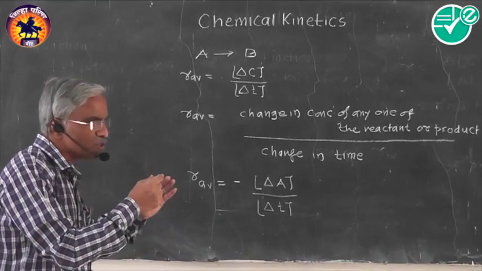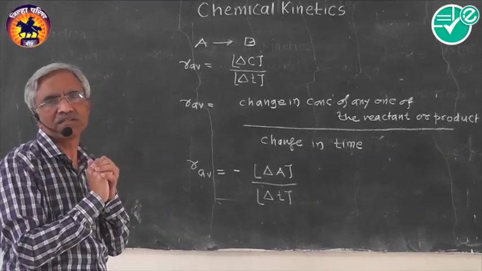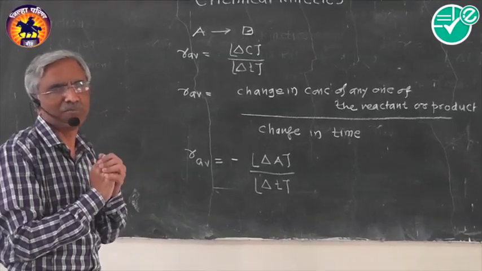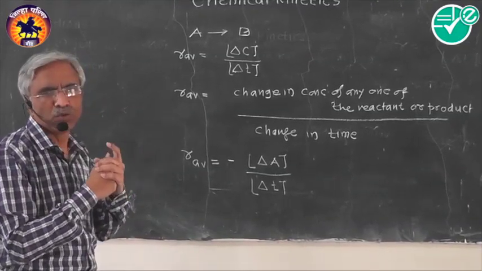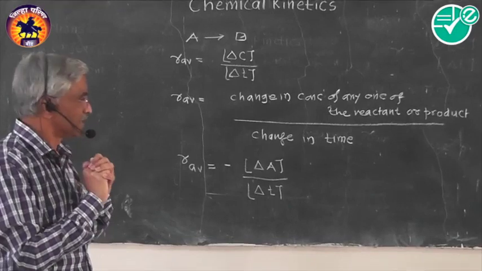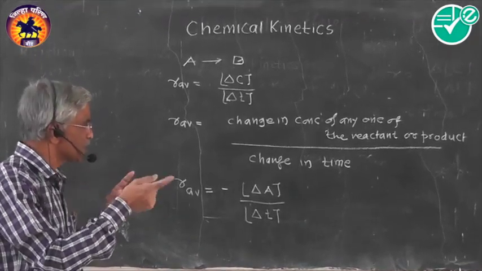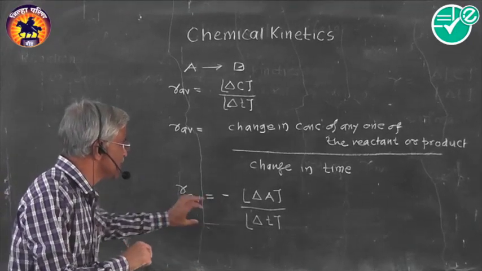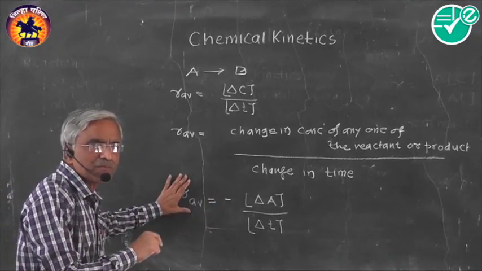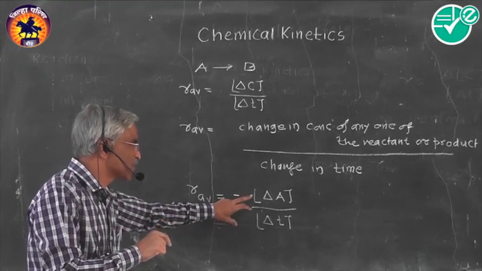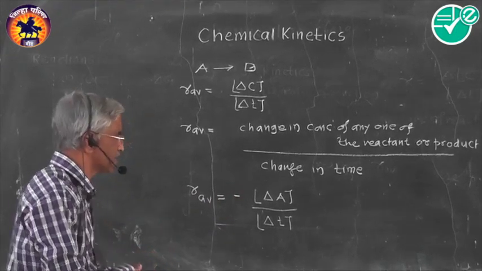But suppose the reactant has an initial concentration of say 3 grams for rough example, and then it becomes say 2 grams after certain time interval. Then the delta A will be 2 minus 3, that will be minus 1, and minus of minus will automatically become plus. So the rate is always a positive. The negative sign only indicates the decrease in concentration of the reactant.